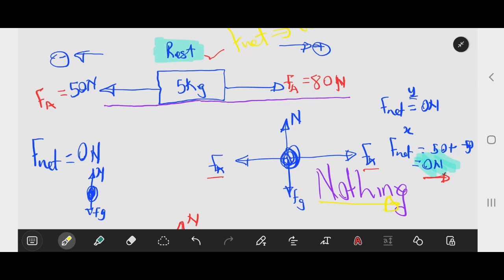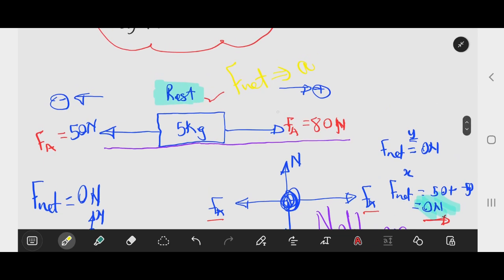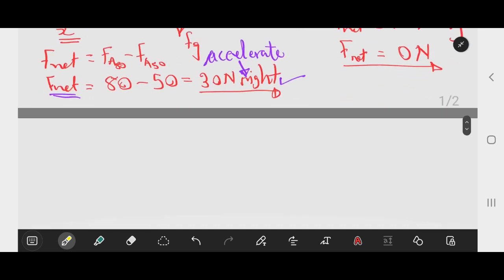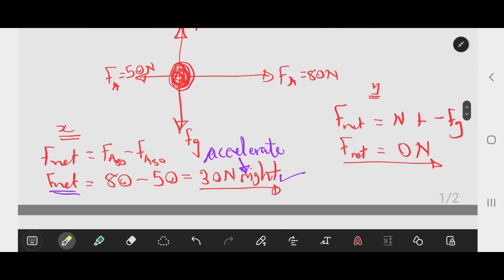It will remain at rest, or it will remain moving with a constant velocity in a straight line if it was moving with a constant velocity, unless a net force acts on the object. Now the net force is acting on the object. What will happen to the object? The object will accelerate in the direction of that net force. Okay, so that is conclusion number 1 from this scenario whereby we apply unbalanced forces.